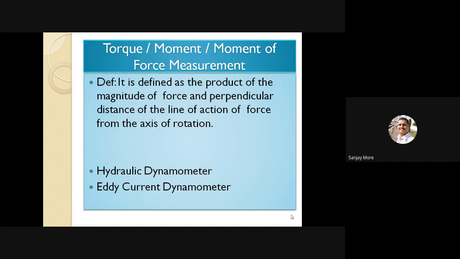It is defined as the product of the magnitude of force and perpendicular distance of the line of action of force from the axis of rotation. Full stop.